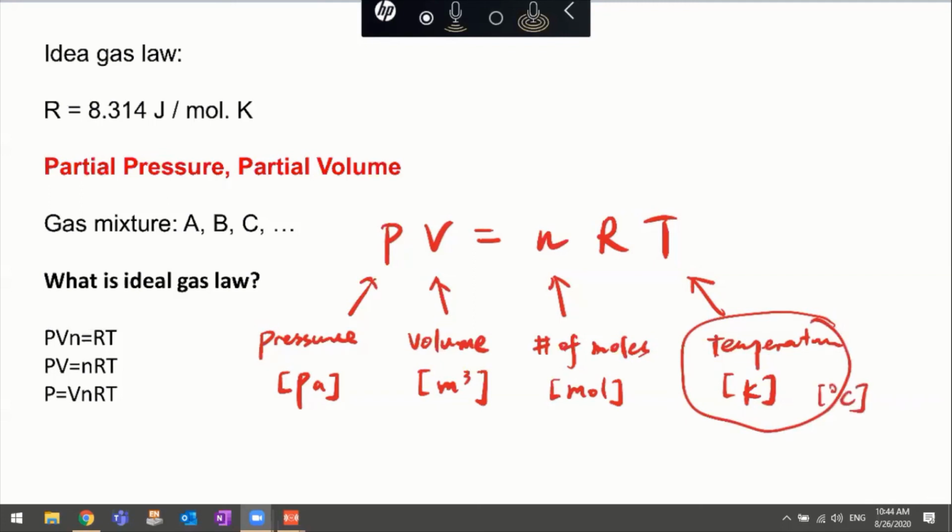Okay, if you use Celsius or Fahrenheit and plug it in, you're going to get very different answers. Okay, so then the R here, only under the situation when we use standard units, we're going to have R equal to 8.314, and it carries the unit of joule per mole per K. Okay.